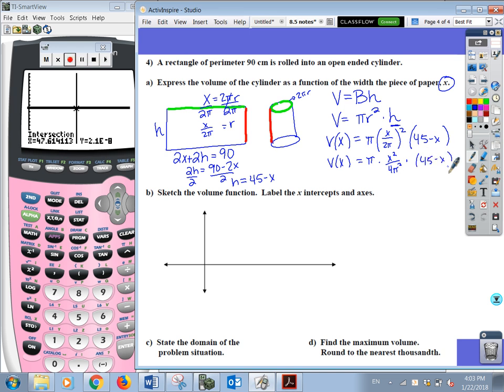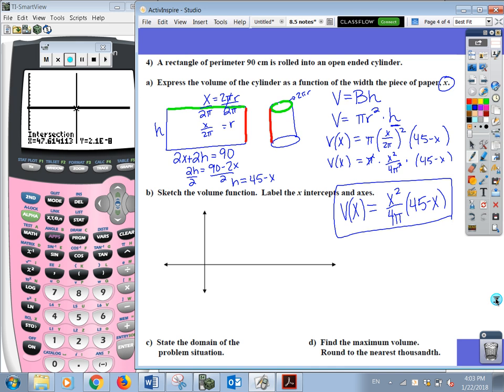And now we got to do a little simplifying. So volume in terms of x, this pi is going to cancel with one of those, so we're left with x squared over 4 pi times 45 minus x. So there is the volume of the cylinder as a function of the width of the piece of paper, which the problem told us to name x.